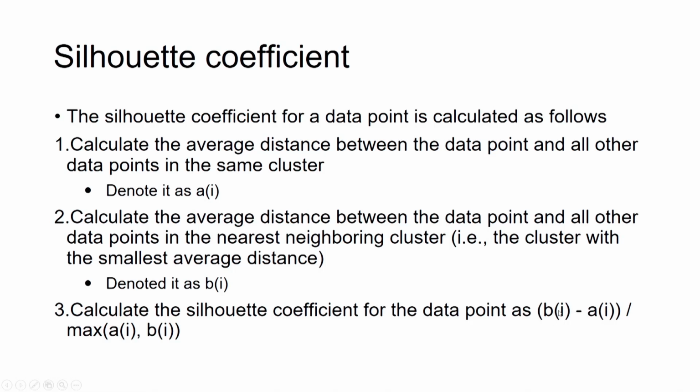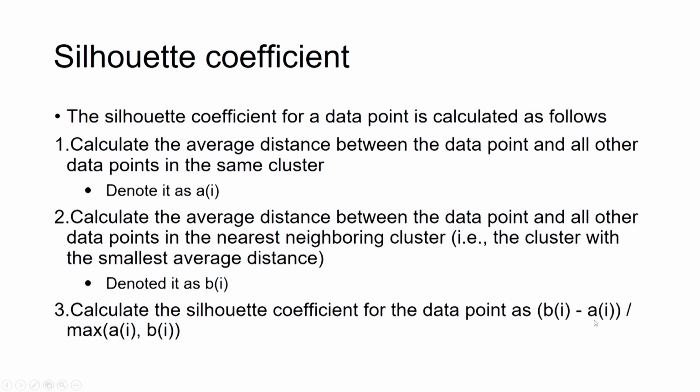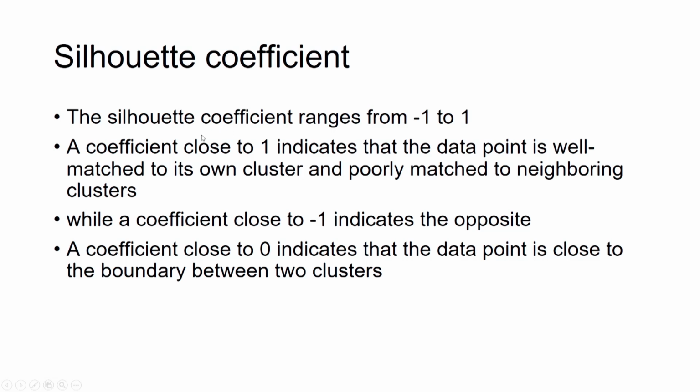So, if b_i is greater than a_i, it means it is positive, and in that case the distance of that data point with all other data points of the same cluster is less, and the distance of this data point with all other points in the neighboring cluster is large, and that we want.